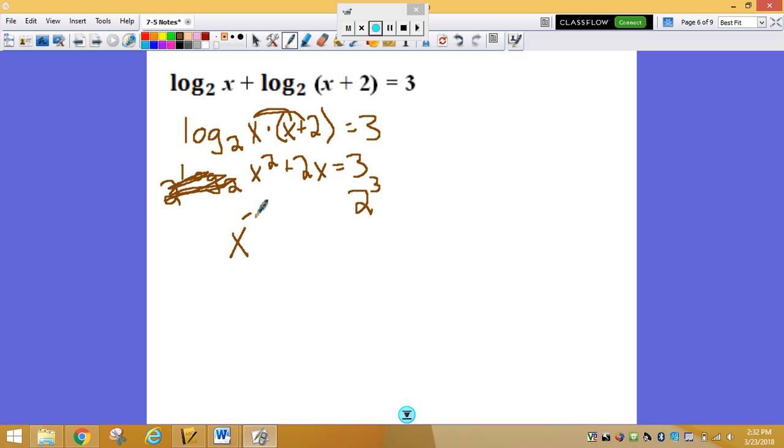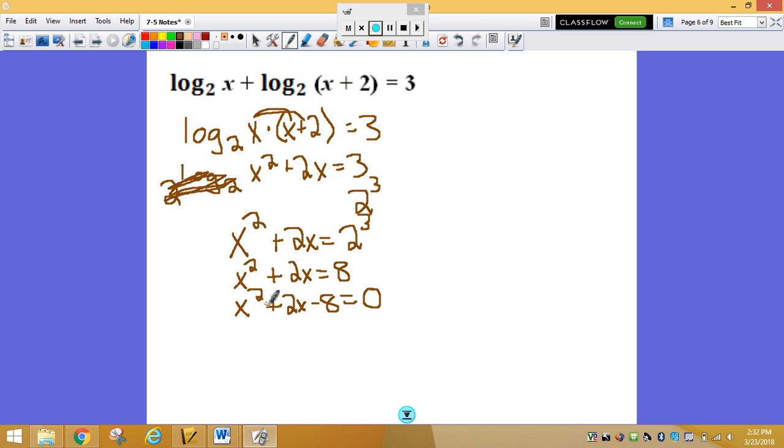So I have x squared plus 2x equals 2 to the third. 2 to the third is 8. So I have x squared plus 2x equals 8. I'm going to move this 8 over. So I have x squared plus 2x minus 8 equals 0.